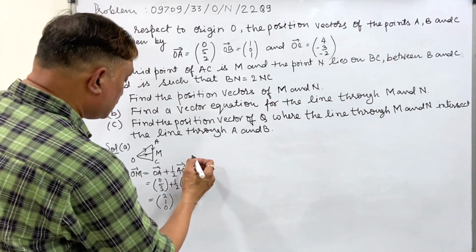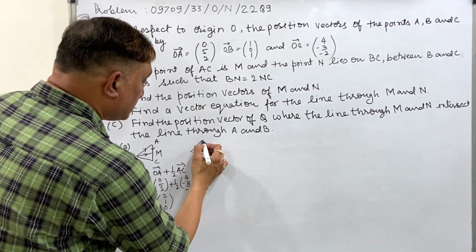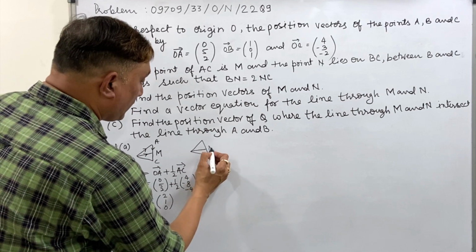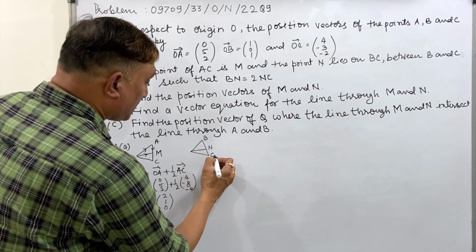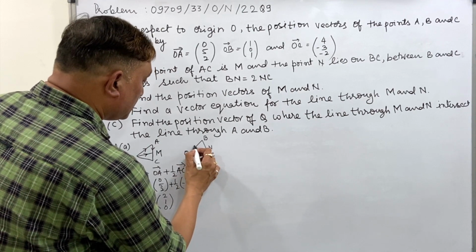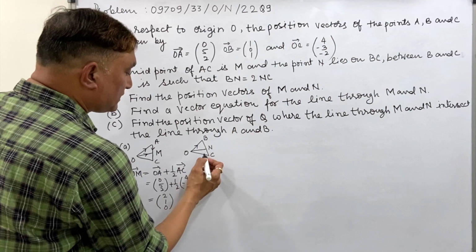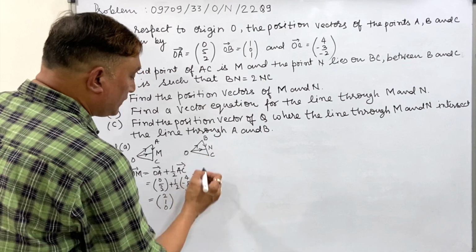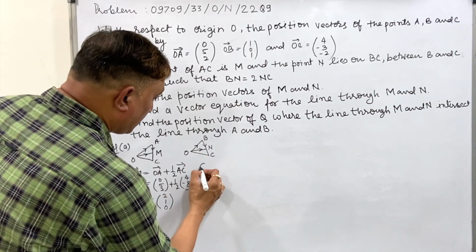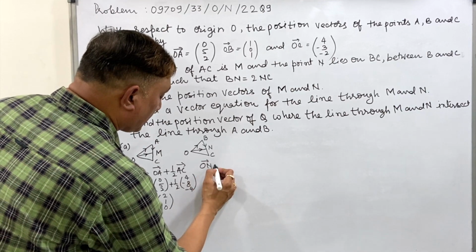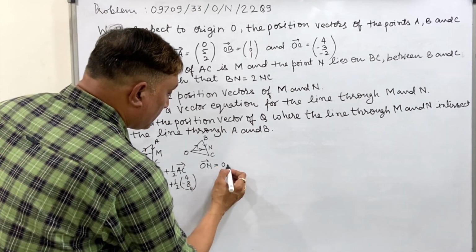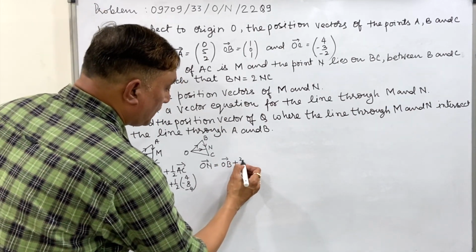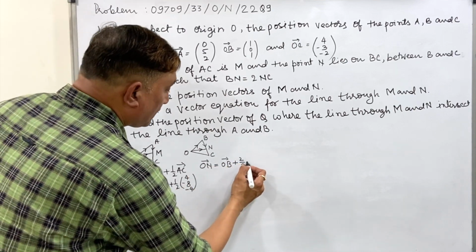Now the next one is the triangle. This is my point N, this is my point B, this is my point C, this is my point O. This is OB position vector, then another vector would be BN, and then we are looking for ON. So we will write here ON vector equals OB vector plus 2 upon 3 BC.